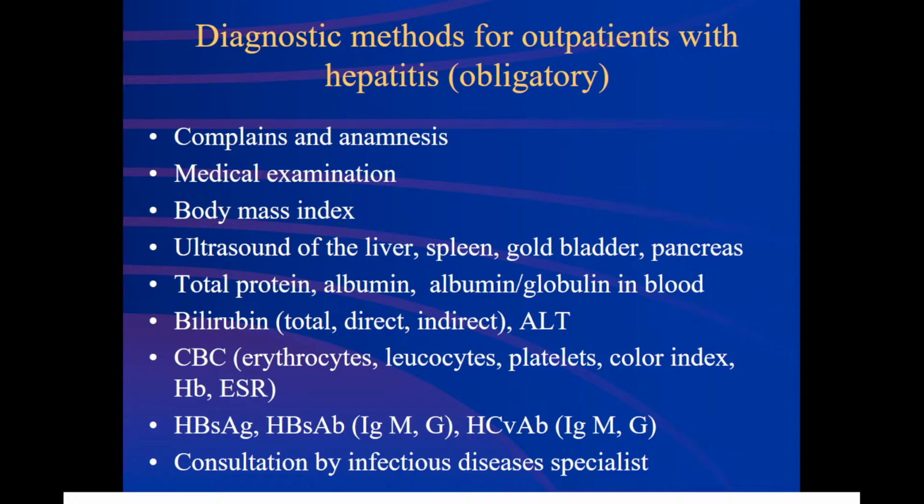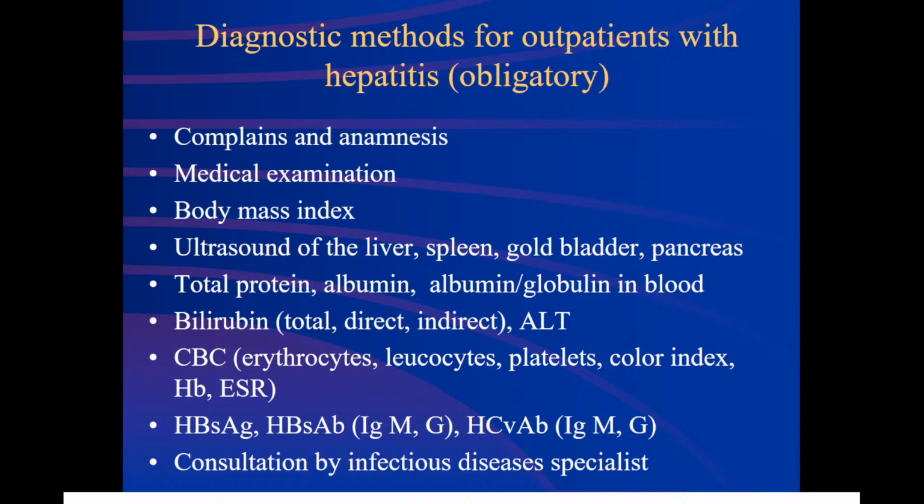Bilirubin, total, direct and indirect, and level of alanine aminotransferase, signs of cholestasis and damage of liver tissue. And signs of inflammation of the liver, which are not specific, include CBC: erythrocytes, leukocytes, platelets, and ESR.